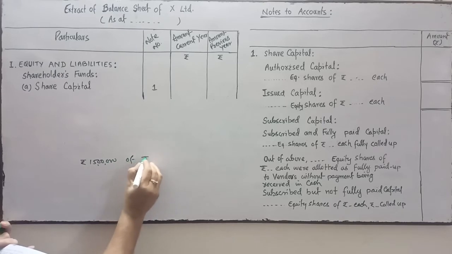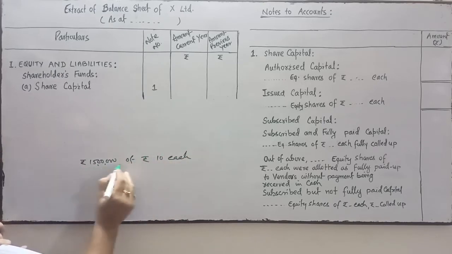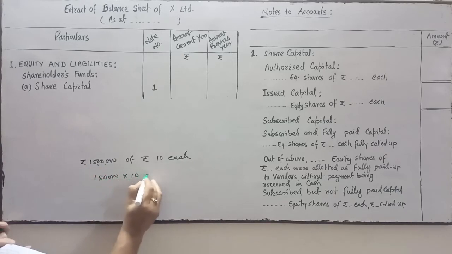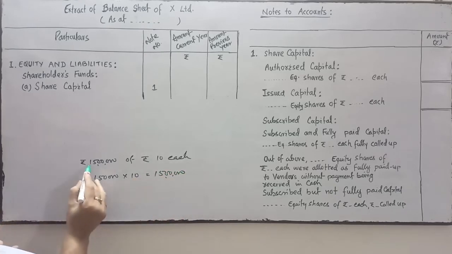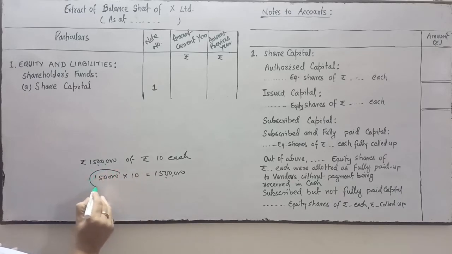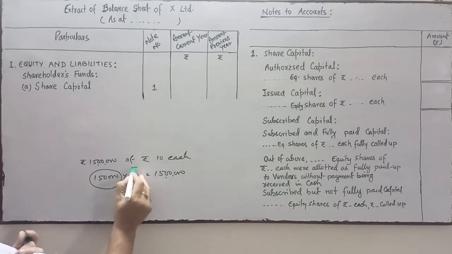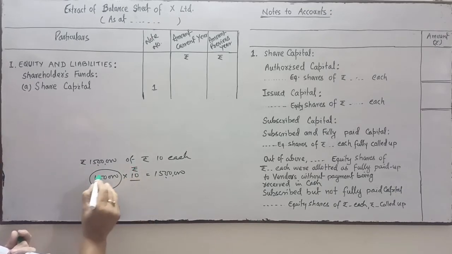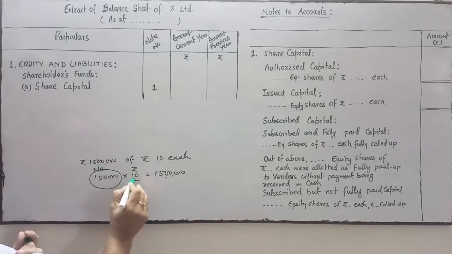If I convert into the number, then 15 lakhs divided by 10 gives the number of equity shares, 1,50,000, and 10 is the face value of the equity share.